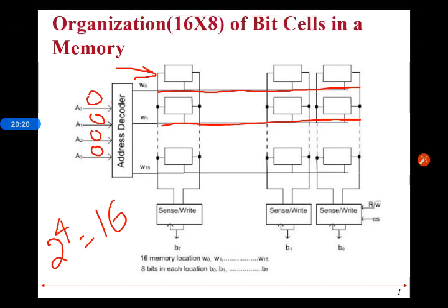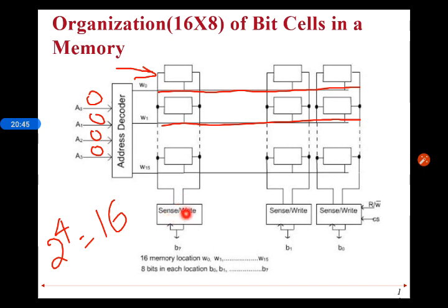Now, if that is selected, what will happen? The data that is available in this row will be transferred to these bit lines, B0, B1, B2 up to B7, with the help of the sense or write circuit. It will take the data, so it will flow like this.